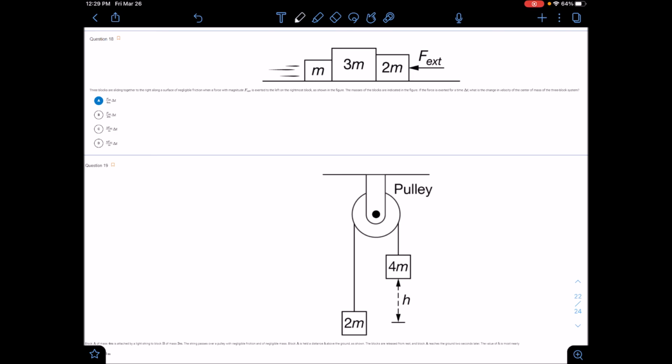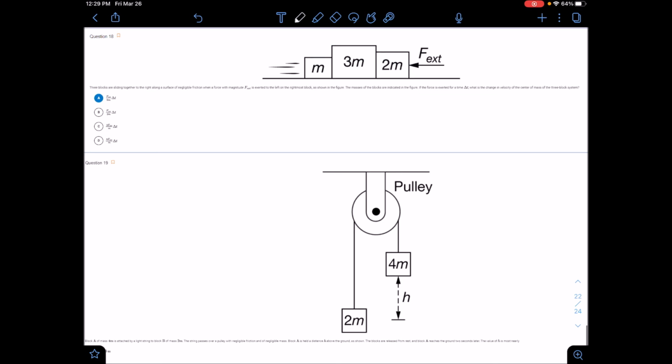So for this problem, the first thing we want to do is note that we have a delta t here. We're talking about a force, so the force external obviously has to be equal to ma. So how the hell did we get something with delta t in it? Well, I mean, let's look at what we know about each of the quantities.